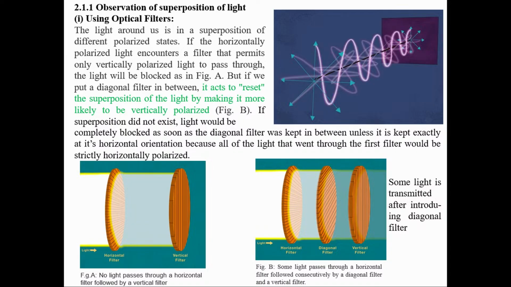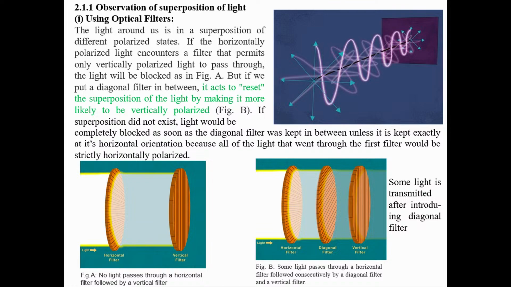And then if you put a vertical polarizer here, no light will come out. When we put a horizontal filter, it will allow only horizontally polarized light. Now if you put a vertical polarizer, nothing will come, because they are orthogonal to each other.